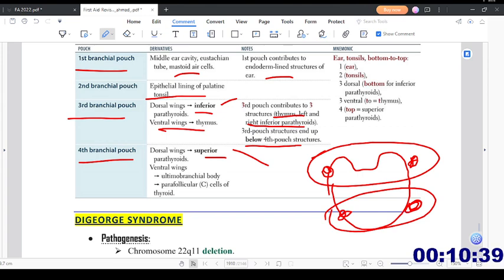And the fourth branchial pouch, the dorsal wings will give rise to the superior parathyroids, and the ventral wings give rise to the ultimobranchial body and the parafollicular C cells of the thyroid. So what is the ultimobranchial body?